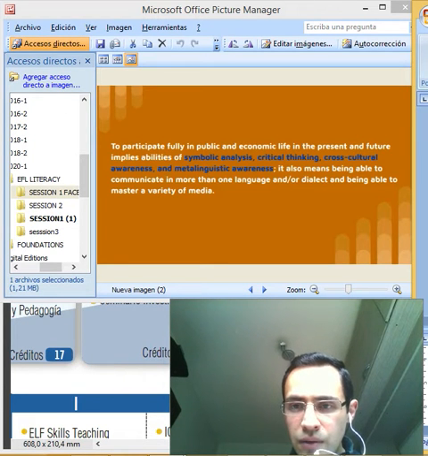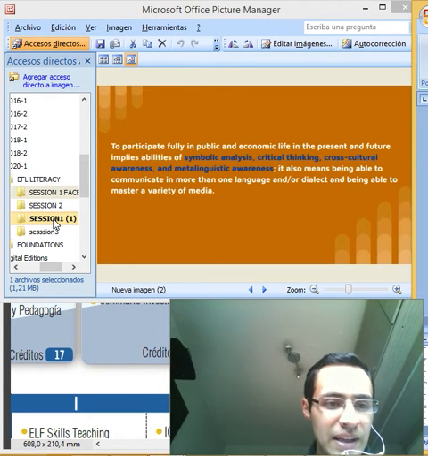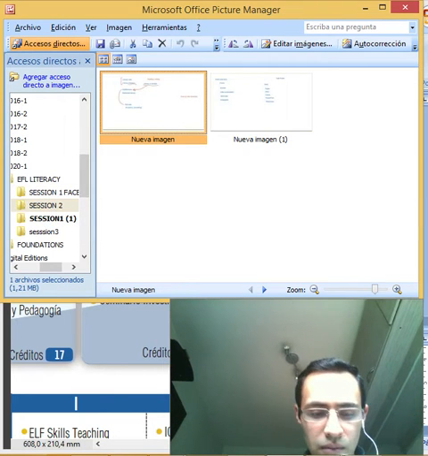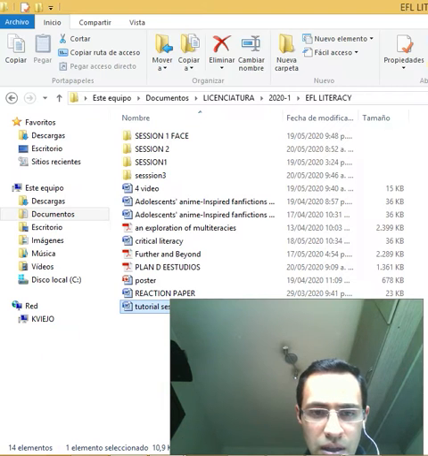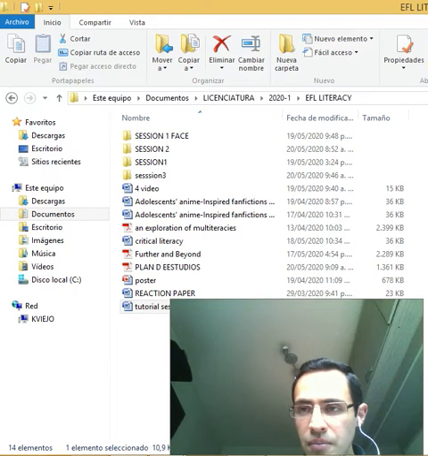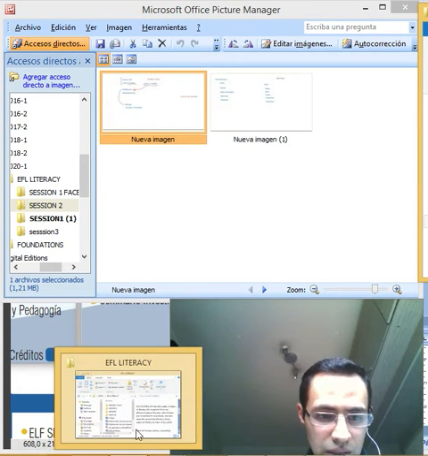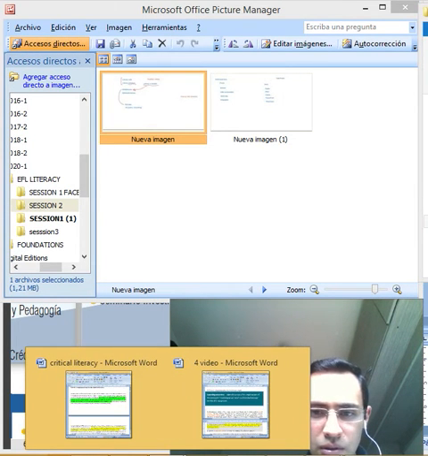Okay, for module 3, we have these definitions about literacy.